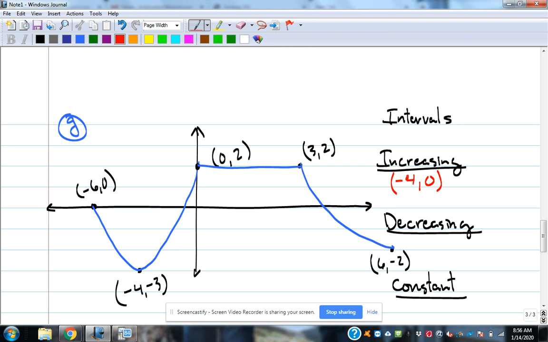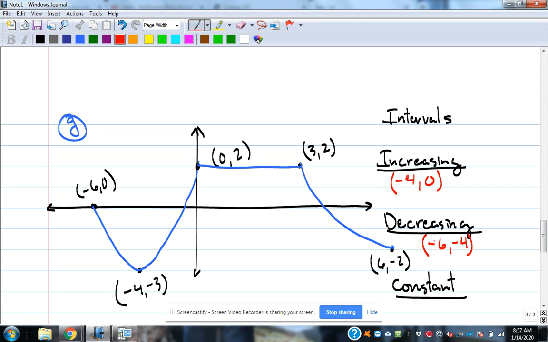Okay, are there any other increasing intervals that move up and to the right as we read? No. Okay, so let's move on to the decreasing interval. Where would a decreasing interval be? From -6 to -4. Again, we're going to use parentheses there because we're not sure what's happening after this.